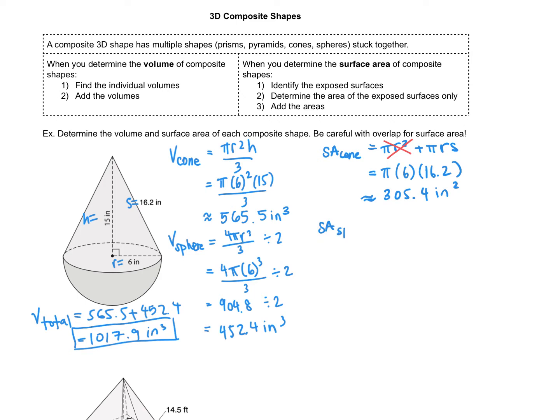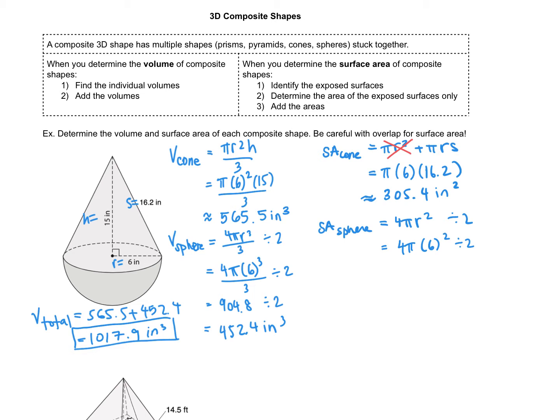Now for the surface area for the sphere, the surface area of a sphere is just that circular portion. We only have half of it, so we will use our regular 4 pi r squared formula, but we'll divide it by 2 at the end. And once again, our radius is 6, so we'll plug that into the formula.